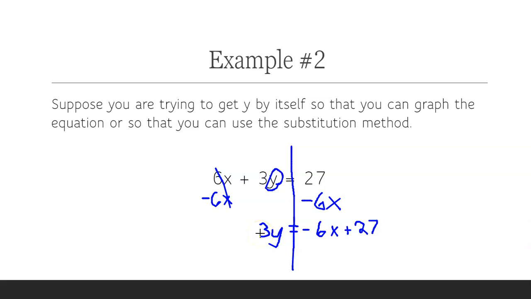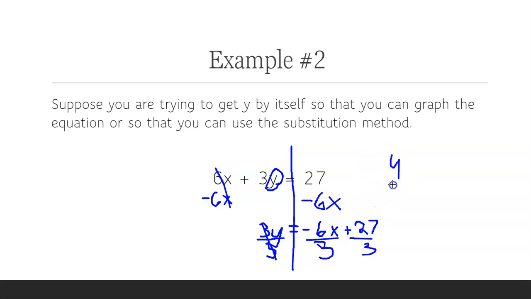The 3 and the y are right next to each other, so they are multiplying. So we're going to go ahead and divide. But on this side, we can't just divide one of these things. When you're dividing in a literal equation, you have to divide all of these. Okay, so that cancels out.